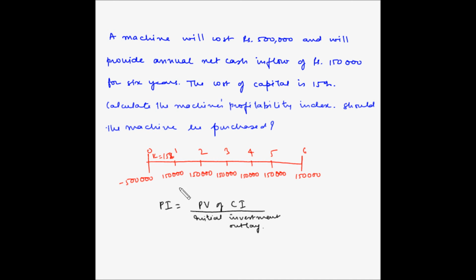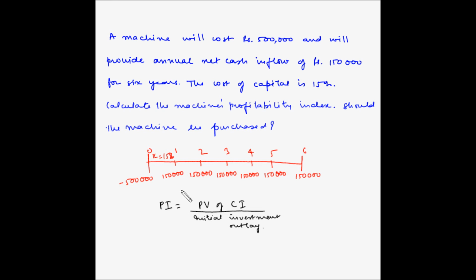So we have to first find the present value of the cash inflow. Now this cash inflow represents an annuity because the amount is the same and it is at the end of each year. So this is an ordinary annuity.